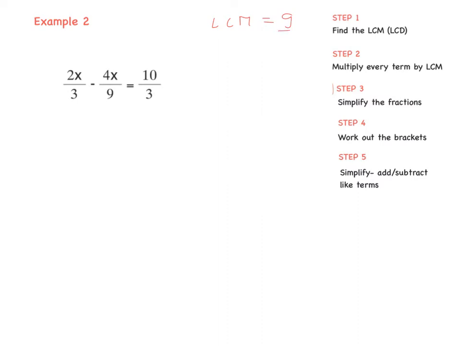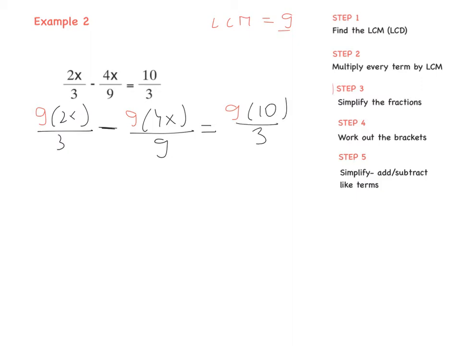Once we have it, we go to step 2, multiply every single term by 9. So we have 9 multiplied by 2x all over 3 minus 9 multiplied by 4x all over 9 equals 9 multiplied by 10 all over 3.